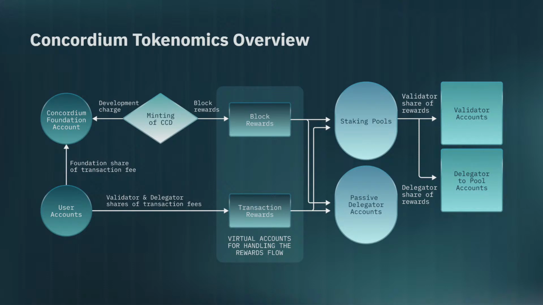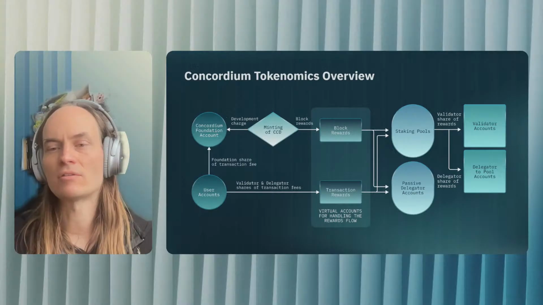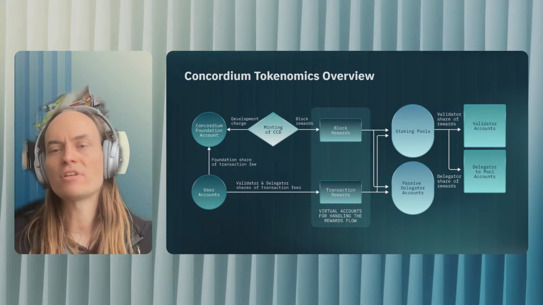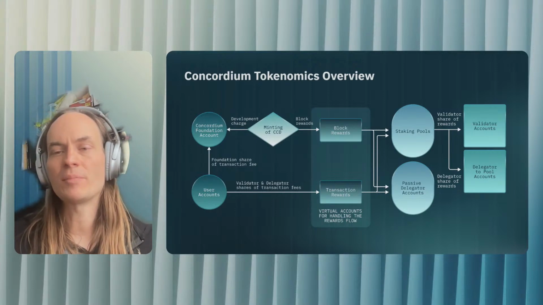So you can think of it as having two big pools. All the rewards coming from the minted CCD are distributed for producing blocks, and all the rewards for the transaction fees are also distributed to the validators. Once we have all these rewards, every day we give part of it to the passive delegators.